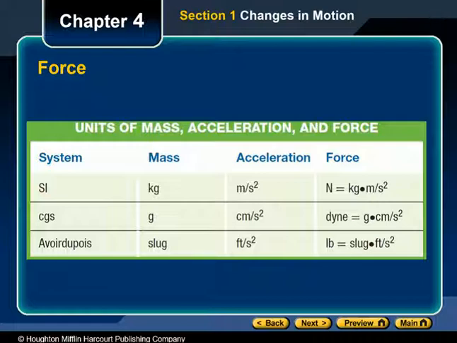For example, a 1/4 pound stick of margarine has a weight equivalent to a force of about 1 newton, as is represented by the following conversions. 1 pound is equal to 4.448 newtons, and 1 newton is equal to 0.225 pounds.